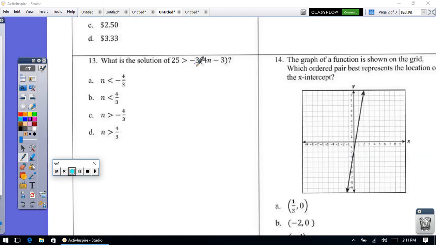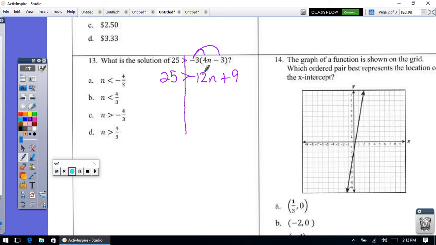13, what is the solution? So we're just going to split this guy up here. Do our distribution property. Negative 3 times 4n is negative 12n. Negative 3 times negative 3 is positive 9. You can bring down your sign. Now, if you don't like the way this looks, you could rewrite everything, move this over to the left and that over to the right.